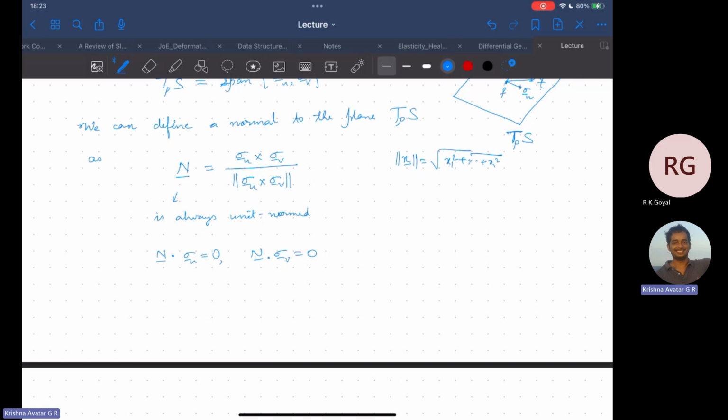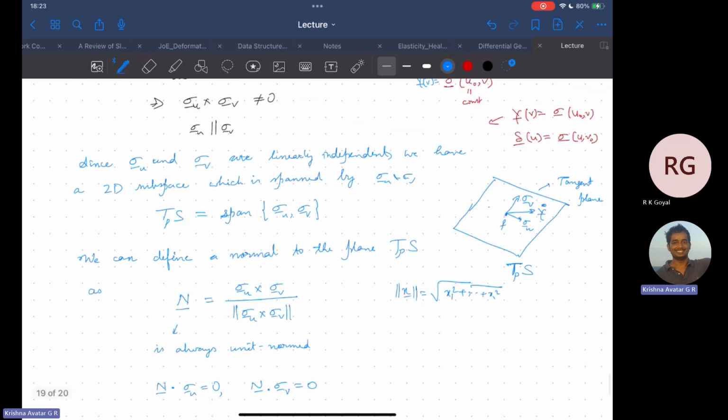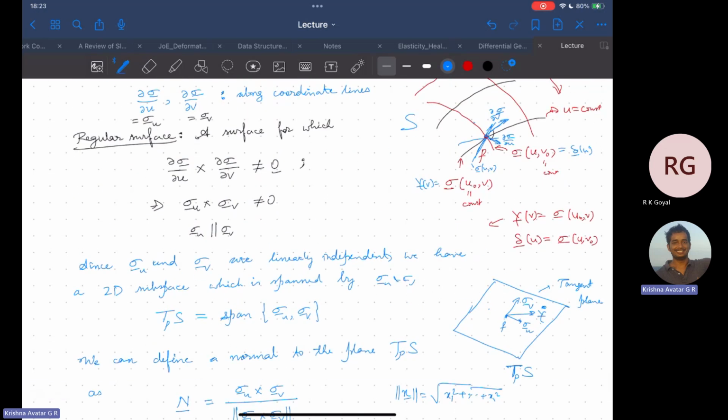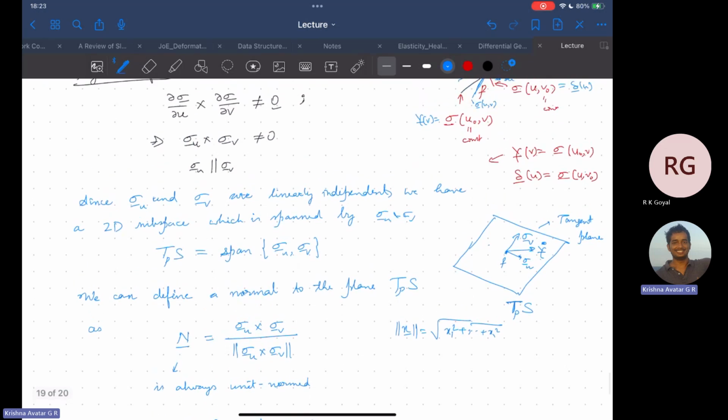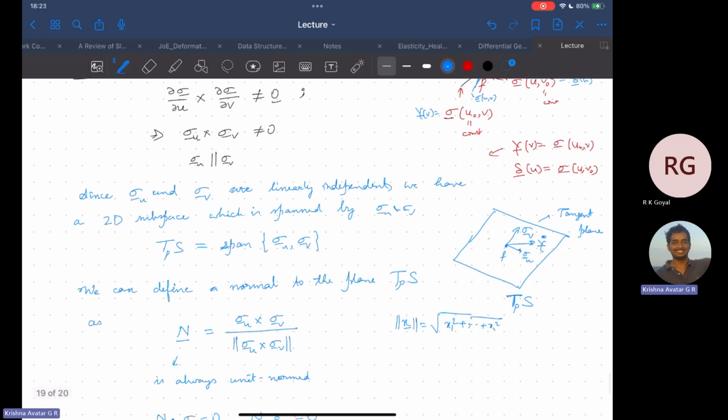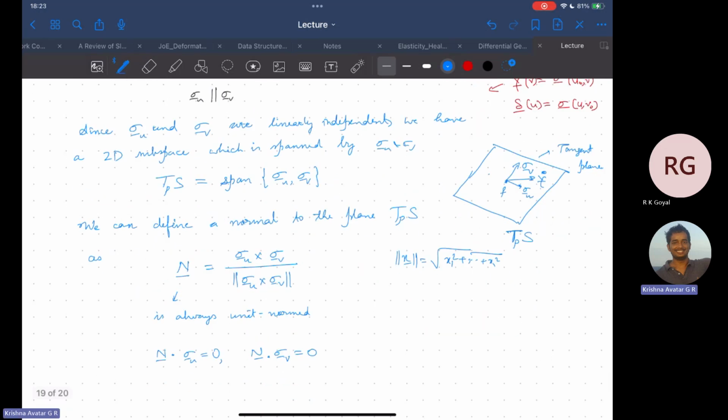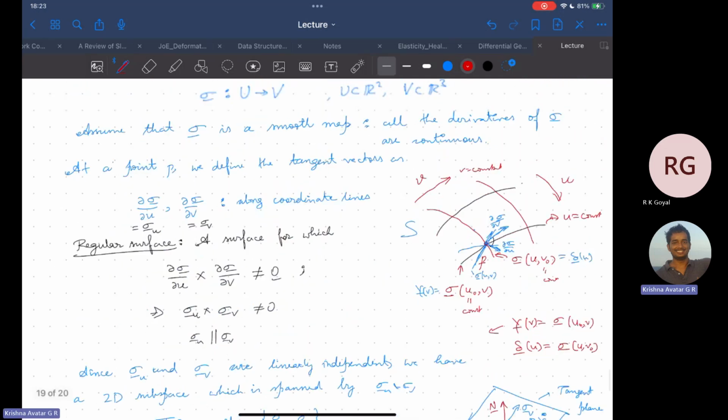So we have a mapping, we could define the basis of a tangent plane at any point P, and using that we could construct a normal. The surface normal will be something like this, always normal at this point, n vector. OK, so we were able to do this.